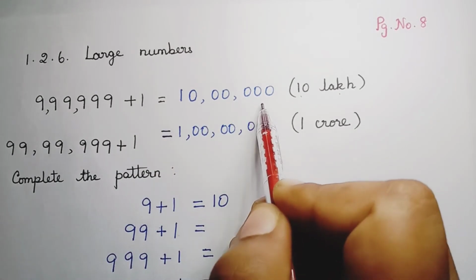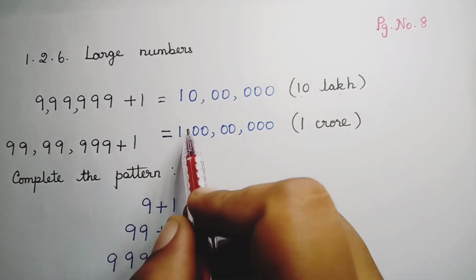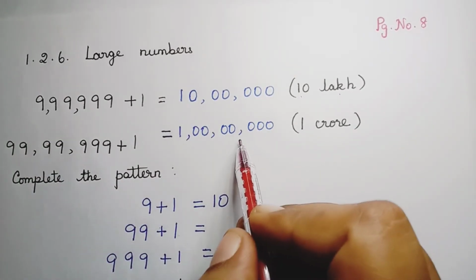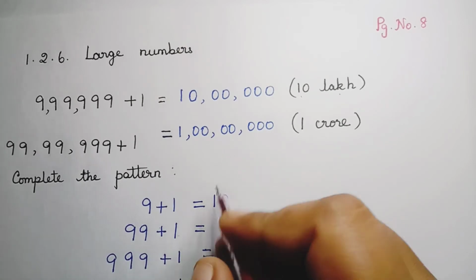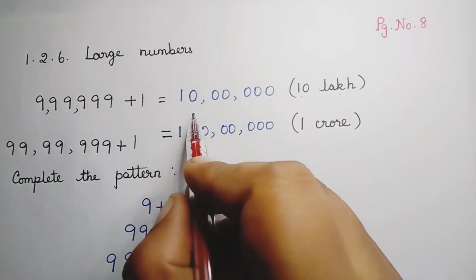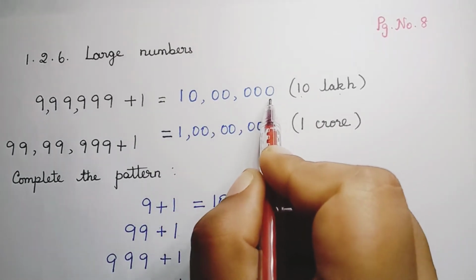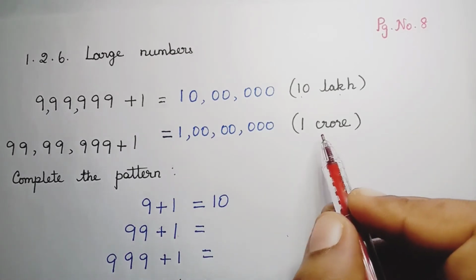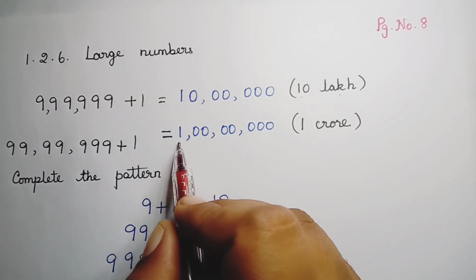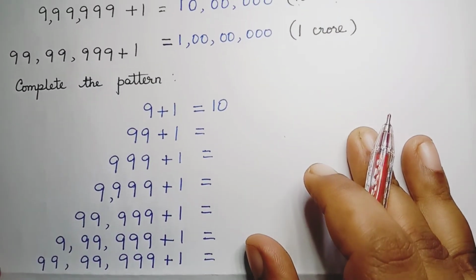The next step is highest 7 digit number plus 1 gives smallest 8 digit number. The same pattern you will be following. When you write 10 lakhs, you write 10, comma, 2 zeros, then 3 zeros. For 1 crore you have to add another one here. Complete the pattern so you will understand.